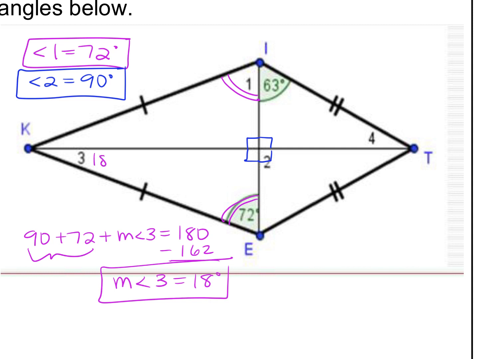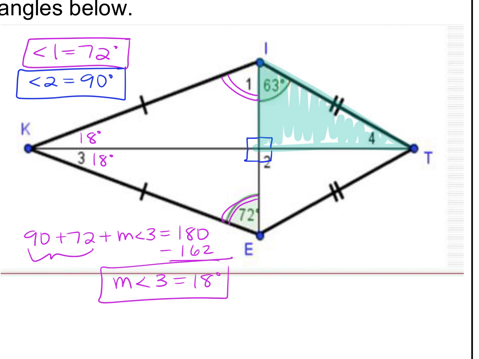So that's this one. It's also this one. Not that they asked you for that, but that one is getting bisected. It's 27 for number 4. So same idea for number 4. If you look at this triangle, in that triangle, you have angle 4, the 63, and the 90.